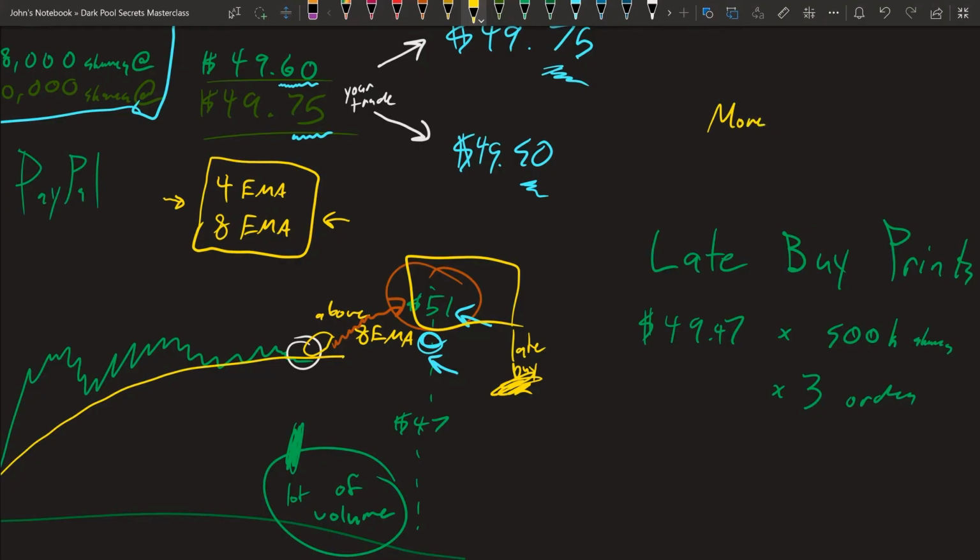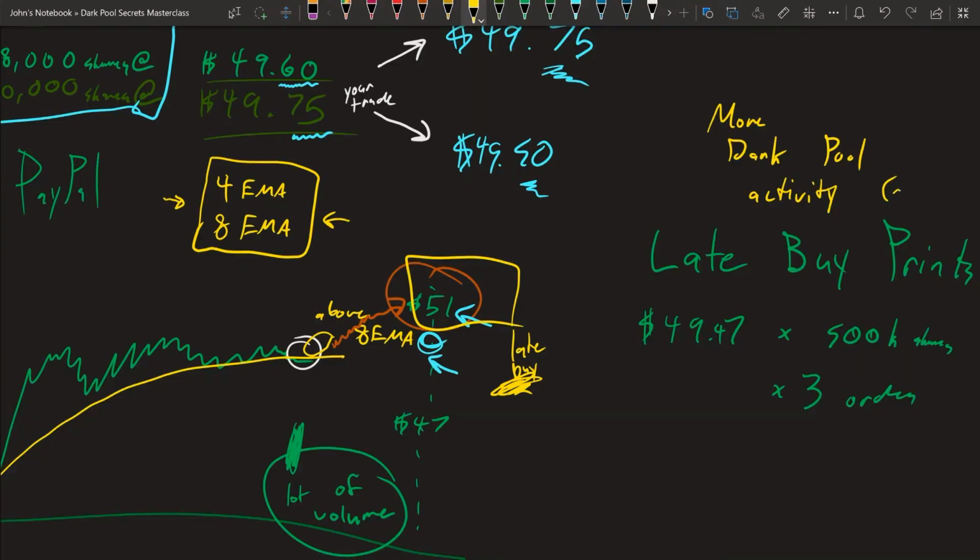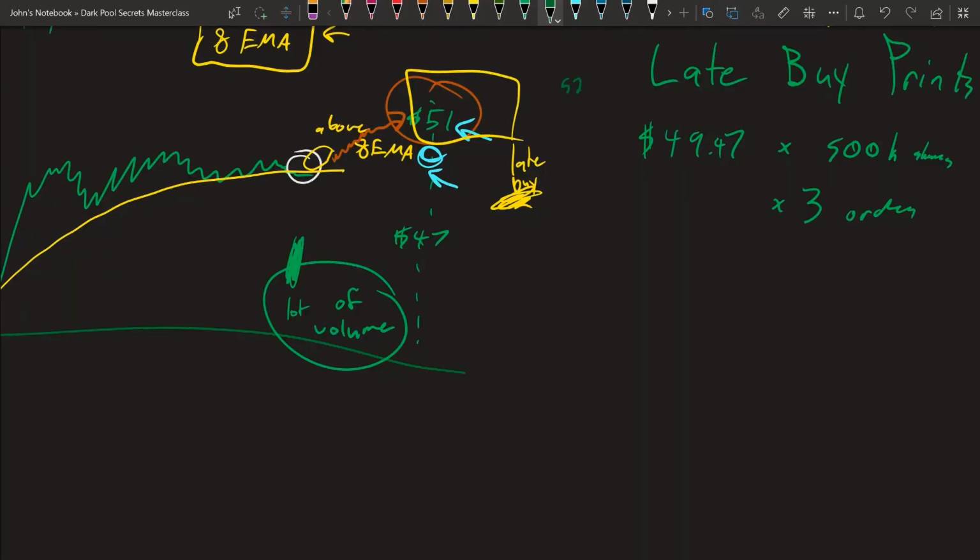They kept entering the trade because there was more dark pool activity, and you could tell, based on the price of the stock being above what the dark pool activity was at, that this activity was actually buying. It was a late buy print. And they bought again at 52.50, buying out of the money calls. These guys did really well.